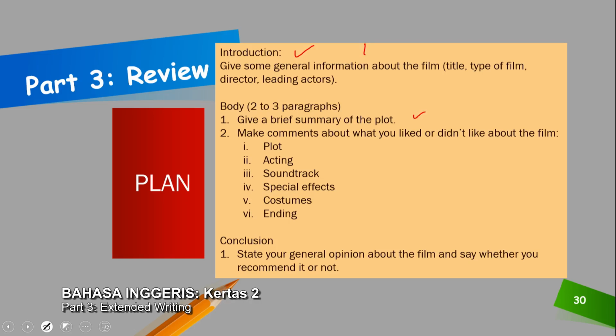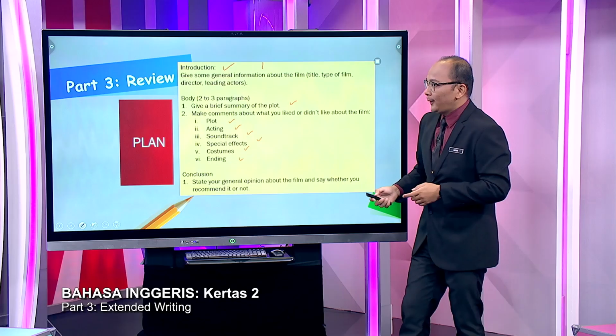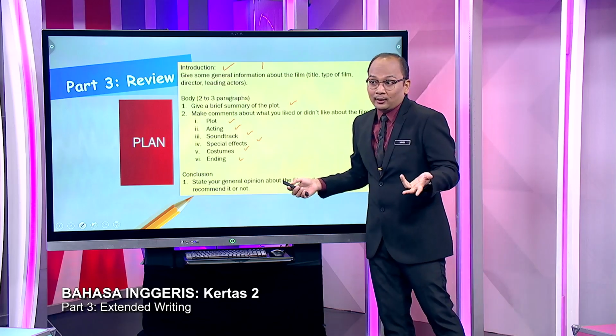Make comments about what you liked or didn't like. Don't be afraid to say what you didn't like about the movie. The content can be about plot, acting, soundtrack, special effects, costume, ending, and also a little bit of conclusion. But that is for a film review.